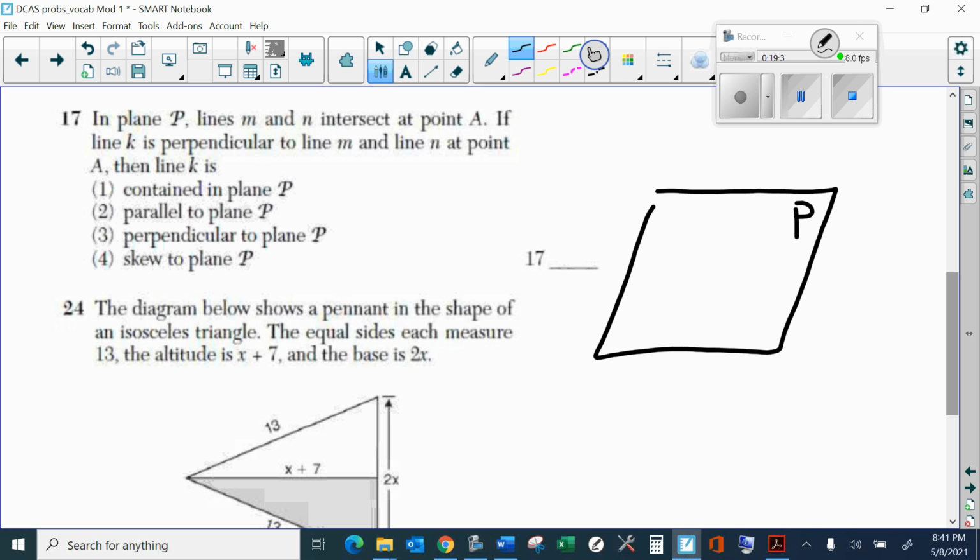Plane P. Lines M and N intersect at A. If K is perpendicular to lines M and N at point A.